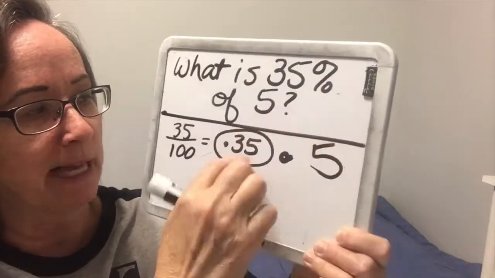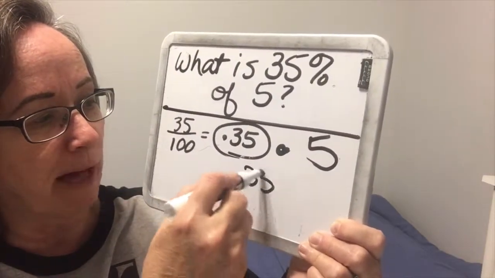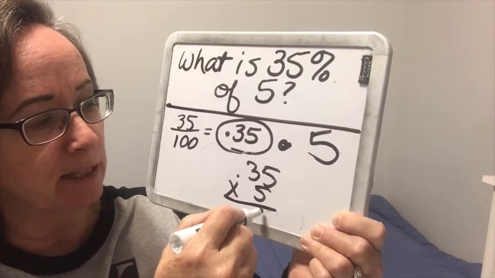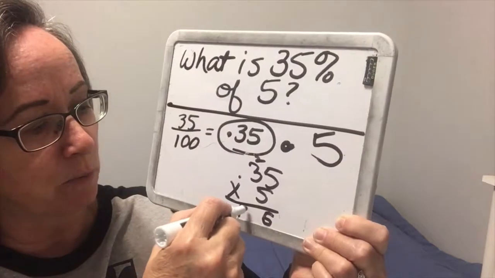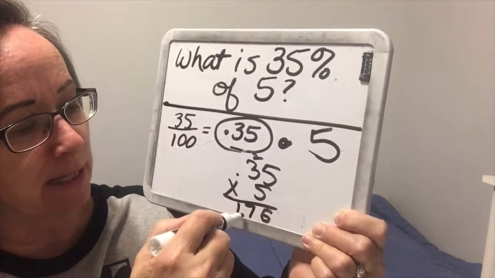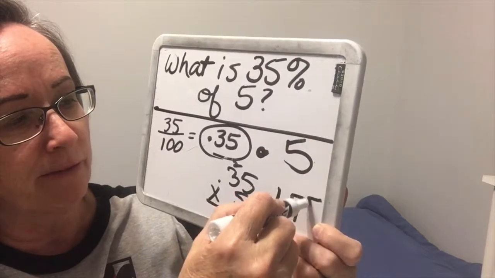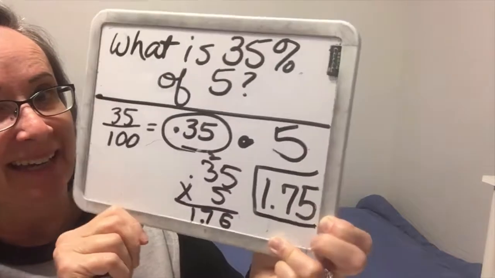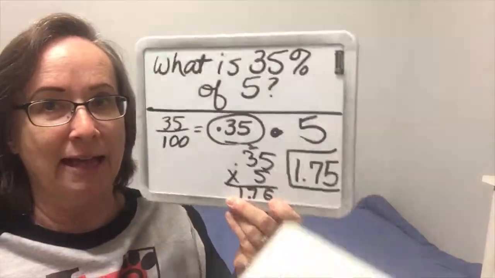So now I'm going to take 0.35 times 5. 5 times 5 is 25. Carry the 2. 15 plus 2 is 175, 2 decimal places, or 1.75.